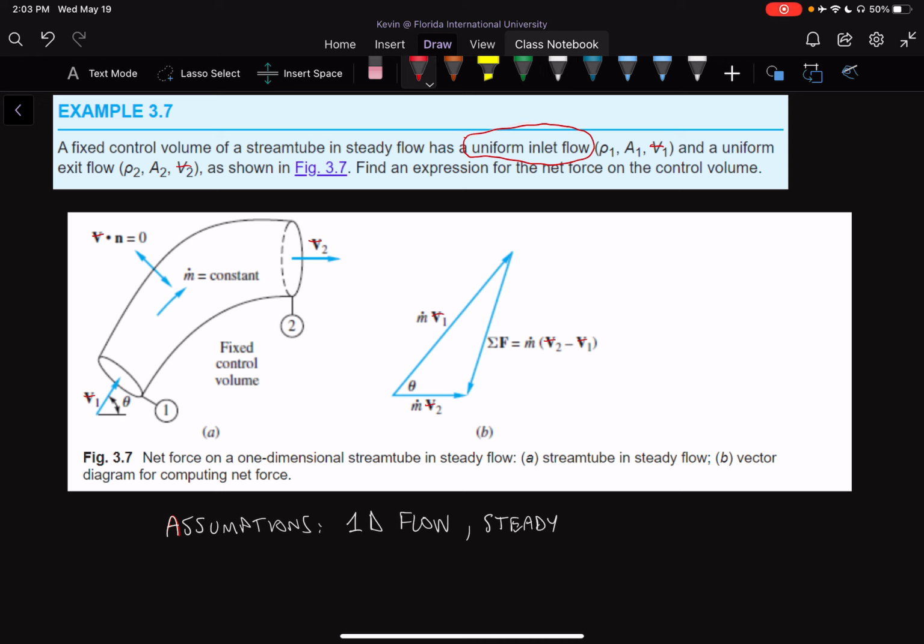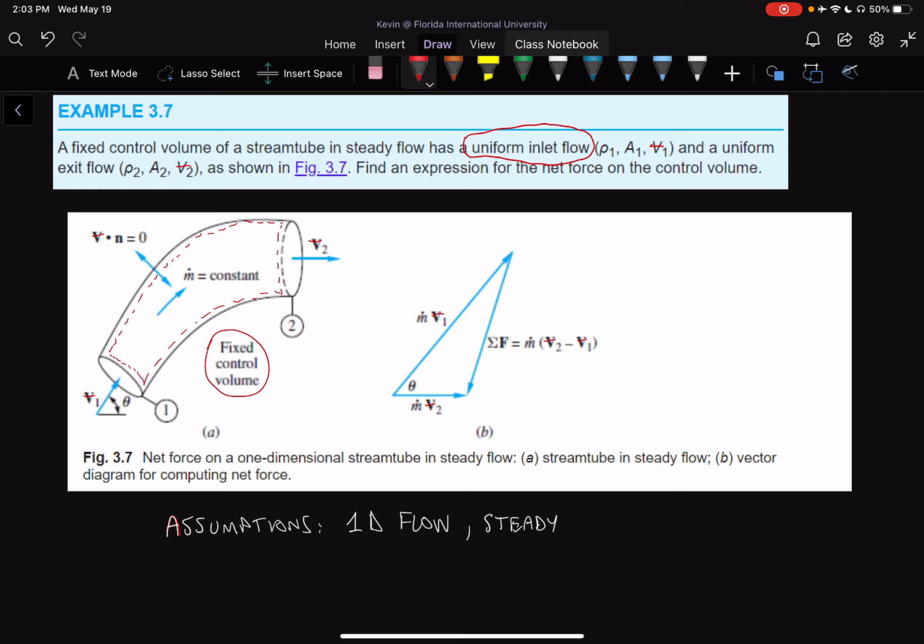And what we're going to do too is define our control volume. We know that this says fixed control volume, but it doesn't really show it. So let me draw the control surface throughout this volume.